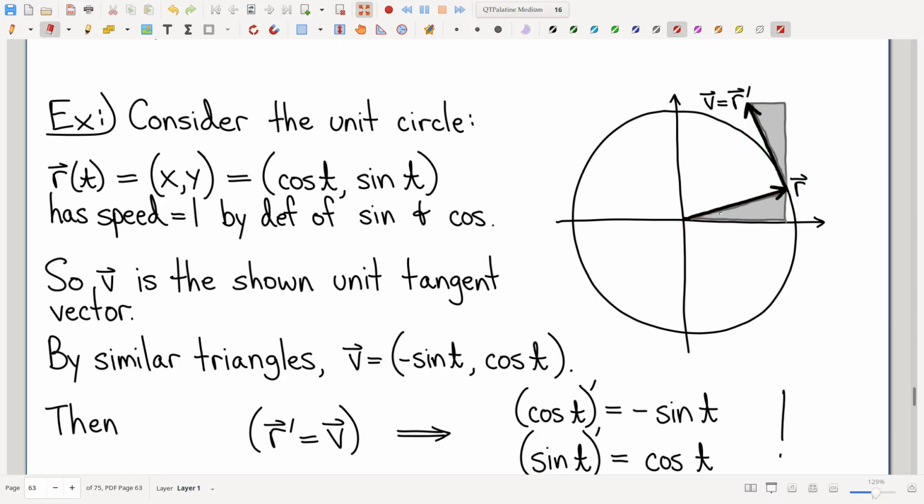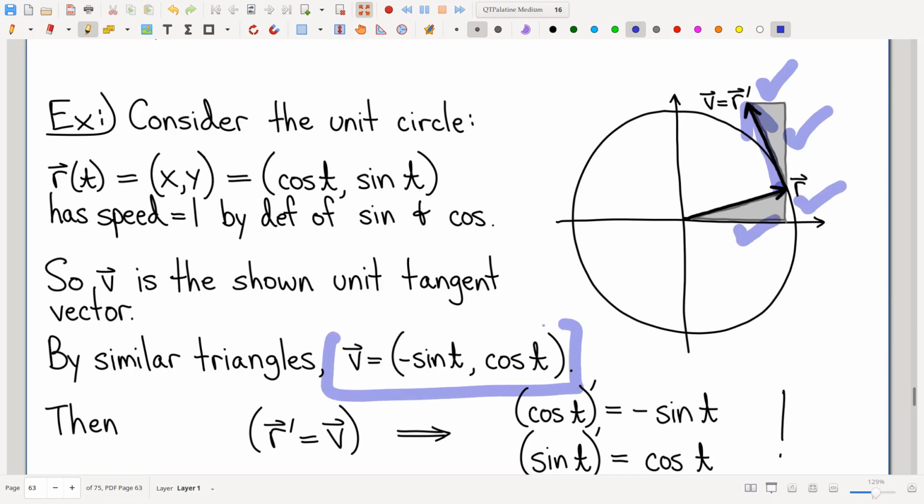And that means I can straight up write down what this velocity vector is. Just looking at these edges being the same as those edges, the velocity vector is that. You've got to think through the trig, and don't forget that we're going backwards in the x direction, thus this minus sign.